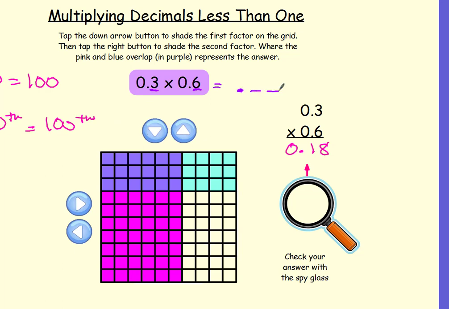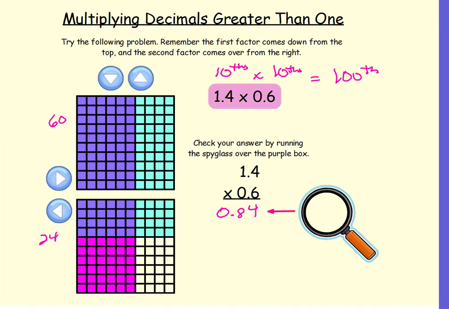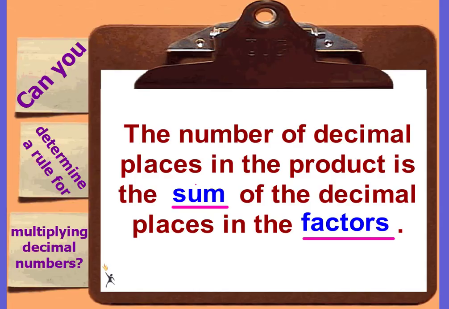So we need to have 2 decimal places in our answer. And did we? We sure did. And our last example. One decimal place in the first factor, one decimal place in the second factor equals 2 decimal places. Did we have 2 decimal places? Yes, we did. So our rule is true.